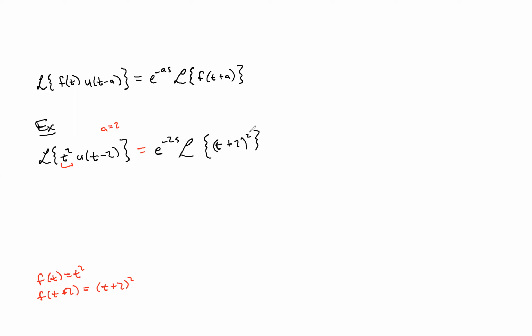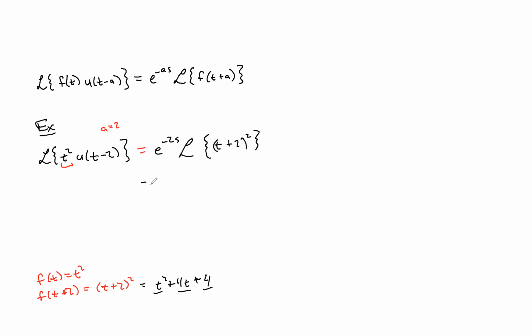To do our Laplace transform now, we need to first multiply this out. If you look at your table of Laplace transforms, this does not show up. But if I multiply this out and rewrite this as t squared plus 4t plus 4, I do know the Laplace transform of each of those straight from our table.